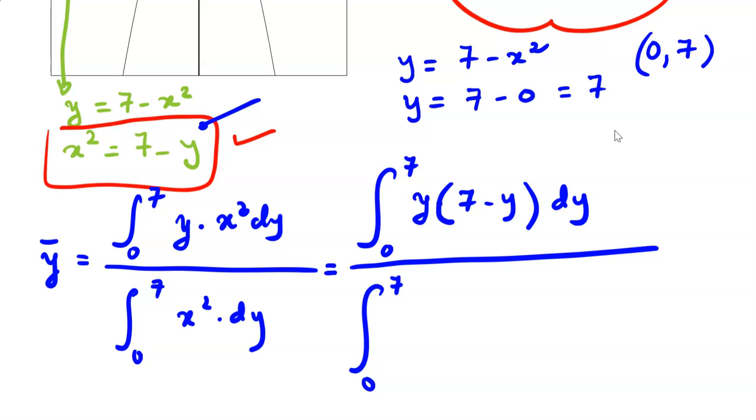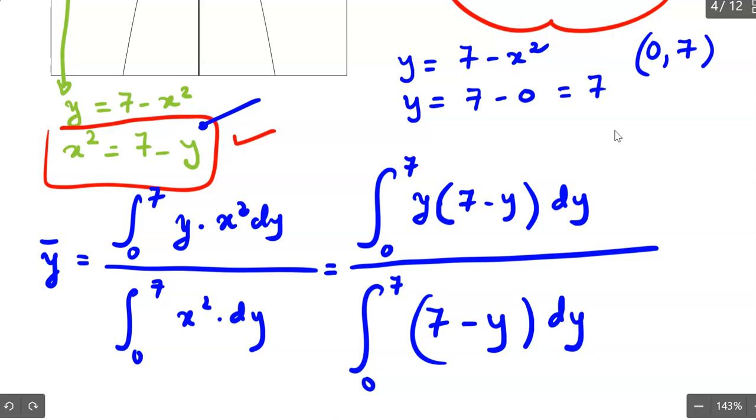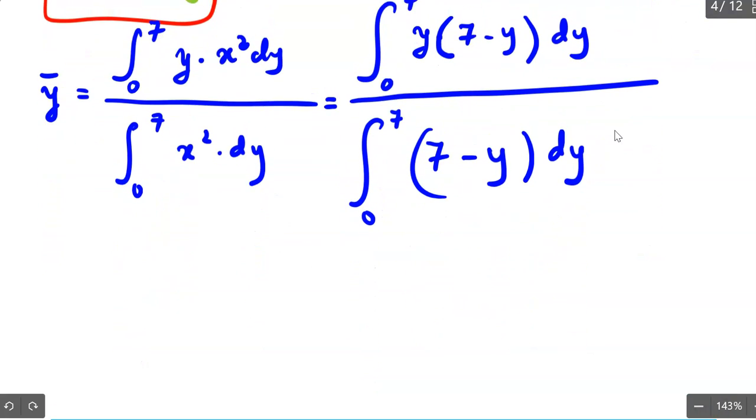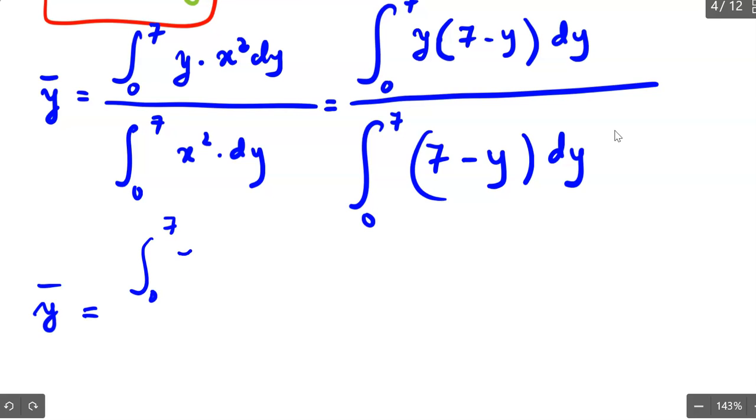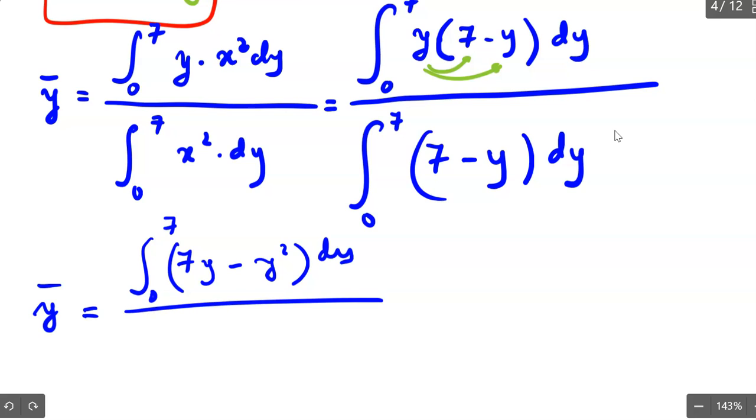The x squared is equal to 7 minus y already. So now let's integrate. Actually not yet, because I need to multiply that inside the bracket. So I should have 7y minus y squared dy, and here it's just 7 minus y dy, integrated from 0 to 7.